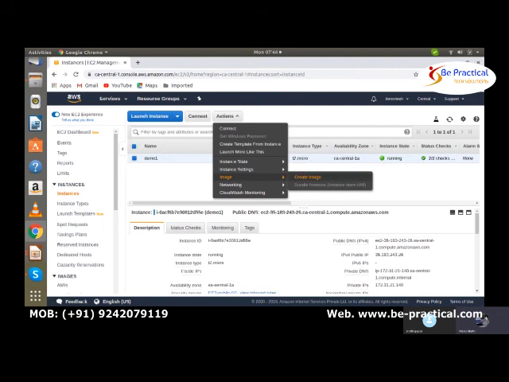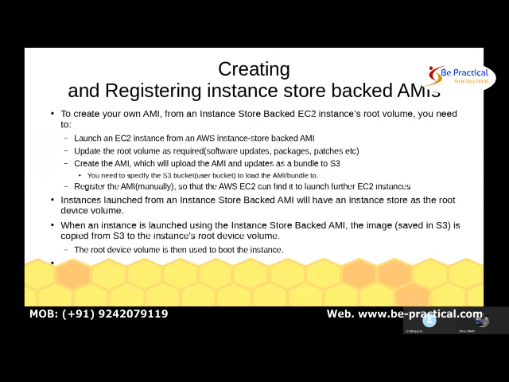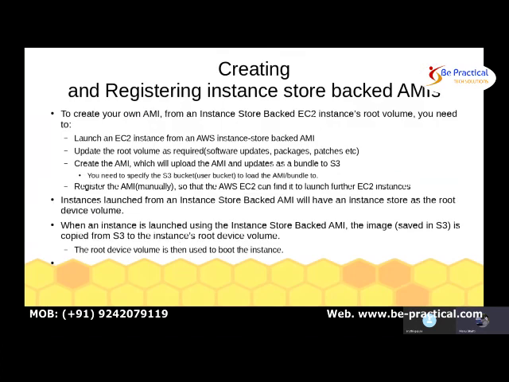This is what creates your Amazon Machine Image, that is the AMI. But this is our EBS backed instance, having an EBS backed volume. Here we are talking about the instance store backed volume, and for that also we can create the AMI.